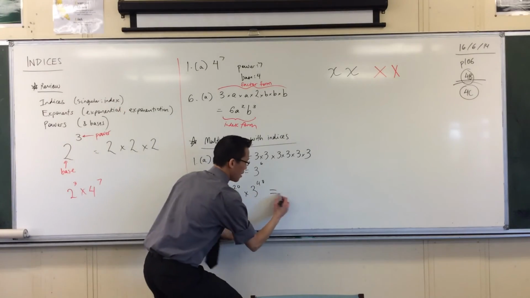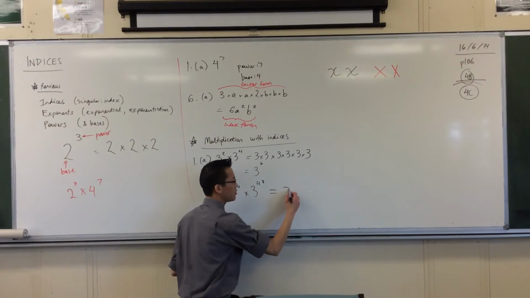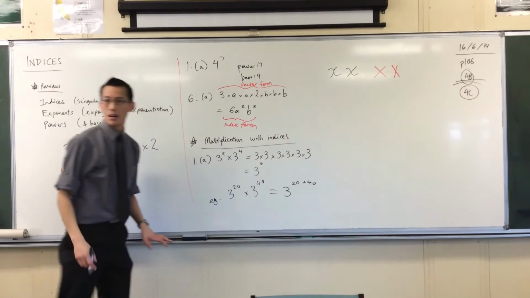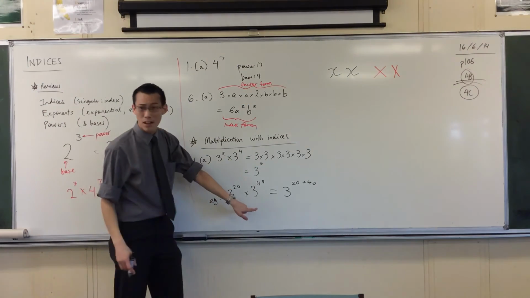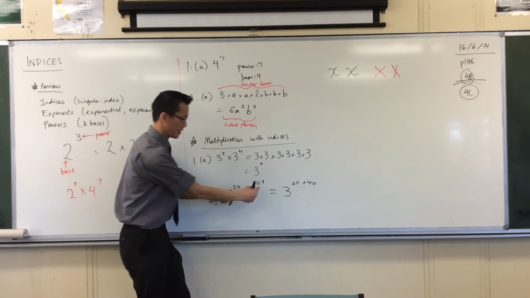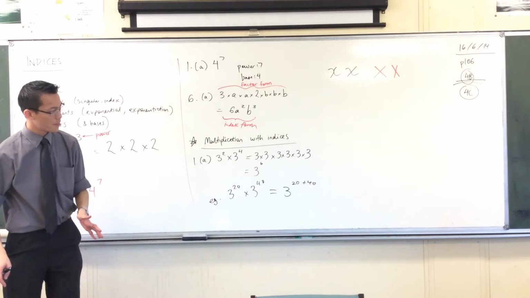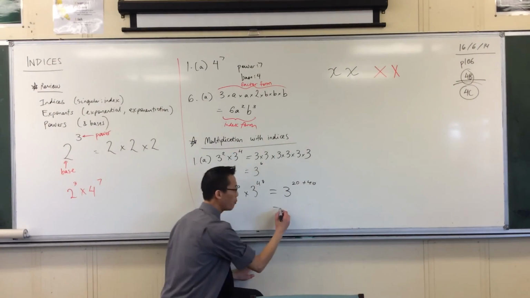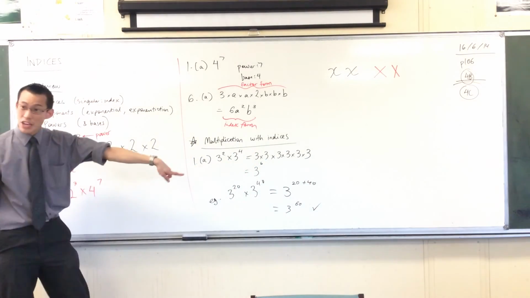Where do we get that from? What you did was you added 20 and 40. Now watch, this is tricky. When you multiply two numbers with the same base but different indices, you don't multiply the powers, you add the powers. You all told me 3 to the power of 60, which is right. You've got to watch out for that.